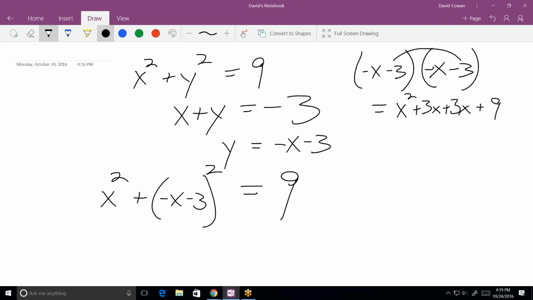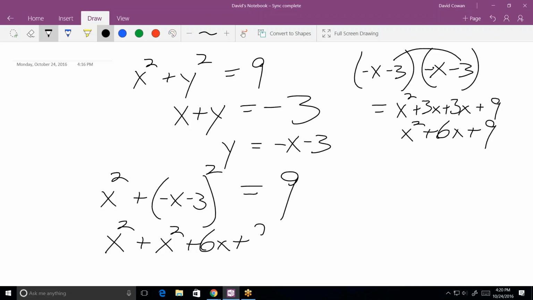So that's x squared plus 6x plus 9. So now I substitute that. So I got x squared plus x squared plus 6x plus 9 equals 9.